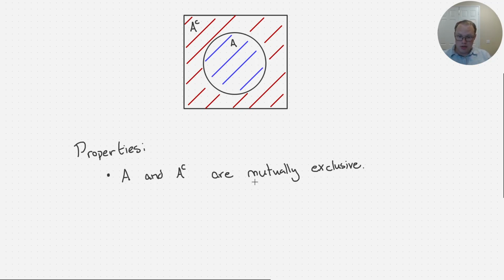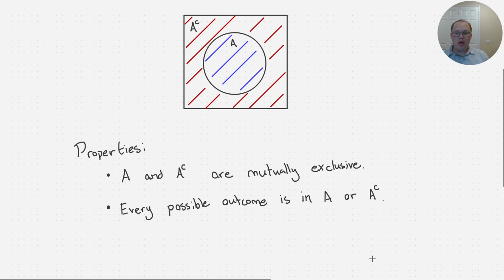But there's more. They fill the whole sample space, right? Every possible outcome is in A or A complement.